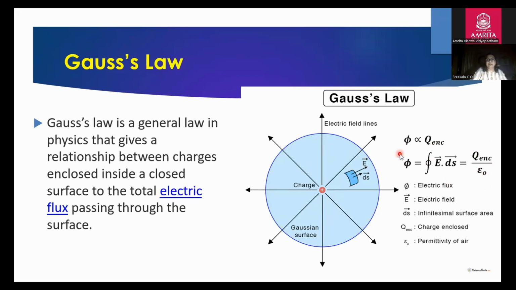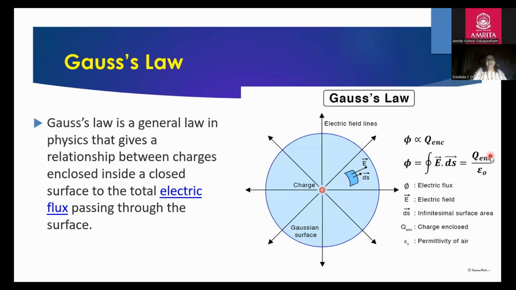How will you find the electric flux? Using the relation integral E dot ds. So integral E dot ds is equal to 1 by epsilon 0 times the charge enclosed.